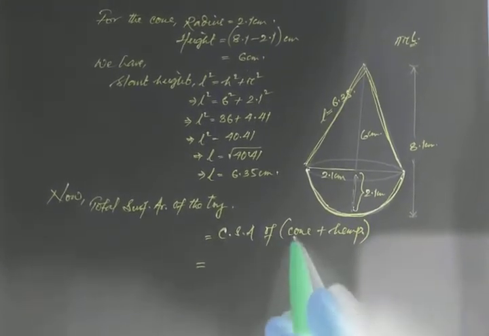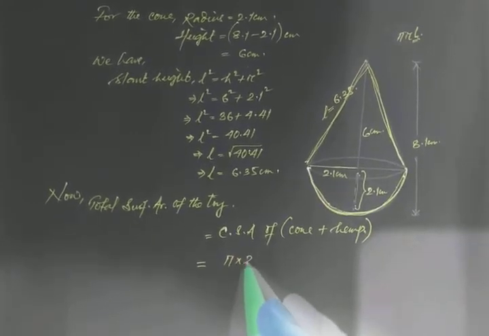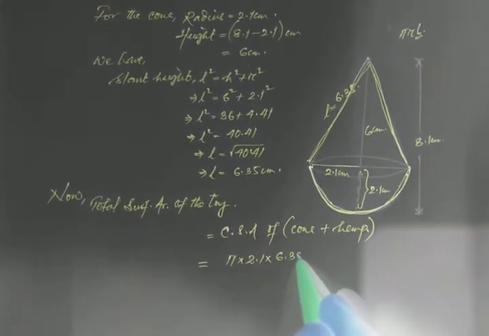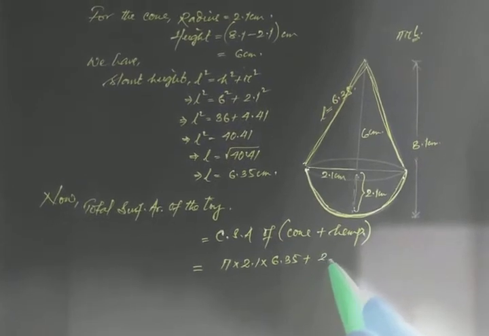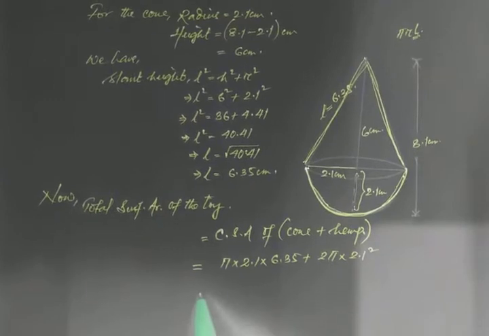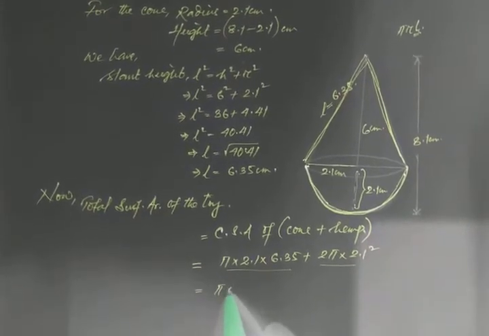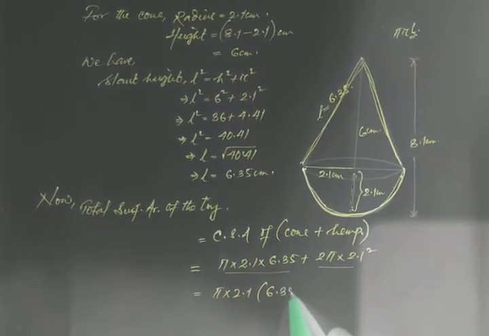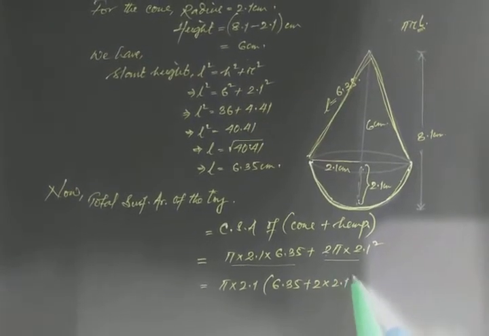Now curved surface area of cone is given by pi r L. I put the value of r, and L is 6.35. Hemisphere curved surface area is 2 pi r square. Let us take common in these two. We have pi and 2.1. So now we are left with 6.35 plus 2 into 2.1.